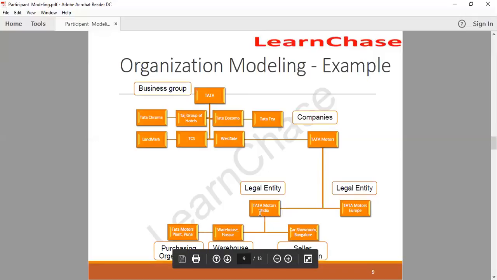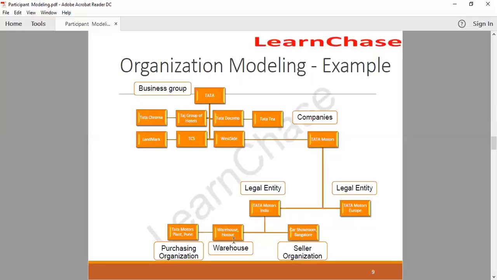Tata Motors India is governed by the rules and regulations that are present in the country India, while Europe belongs to that. Now, the legal entity Tata Motors India will have the Tata Motors plant at Pune, which is called the purchasing organization. Then we have the warehouse unit, which is called the warehouse state, which is there in Hosur.